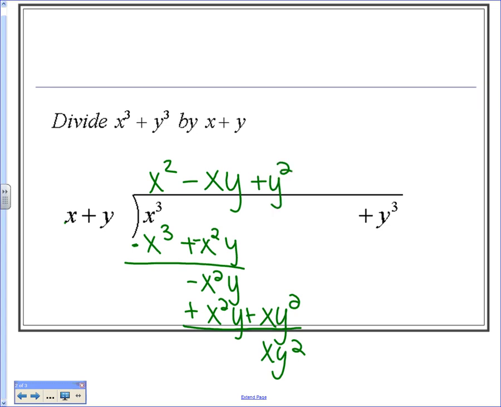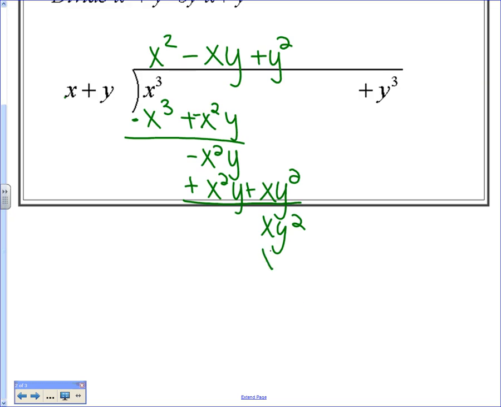So x times y squared is xy squared. Y times y squared. Now change the sign. And what do you have? Do you have a remainder? No.